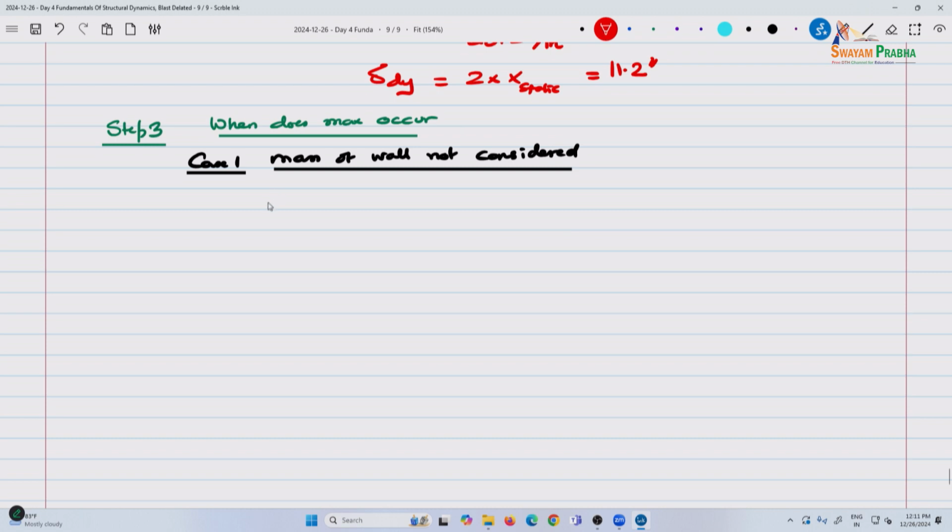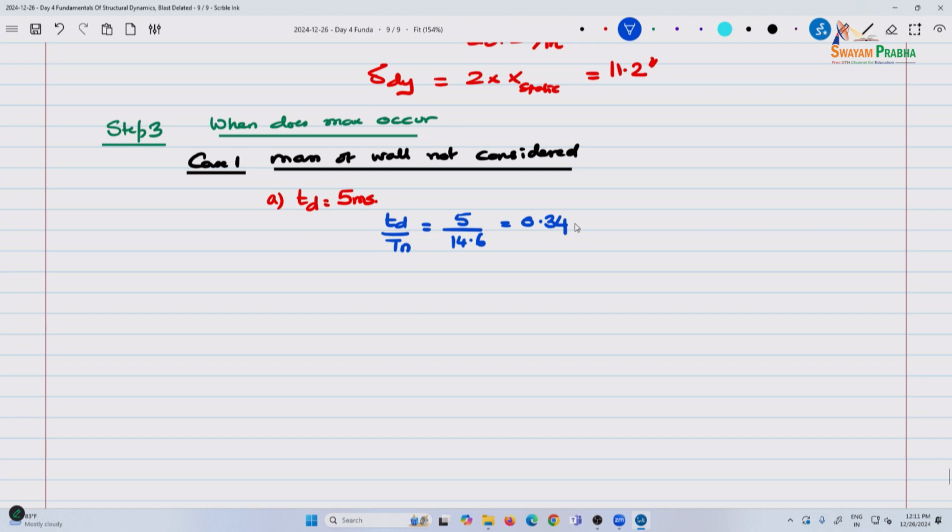We looked at 3 cases, three scenarios. Td is equal to 5 milliseconds. So, Td by Tn is 5 by 14.6, which is 0.34.